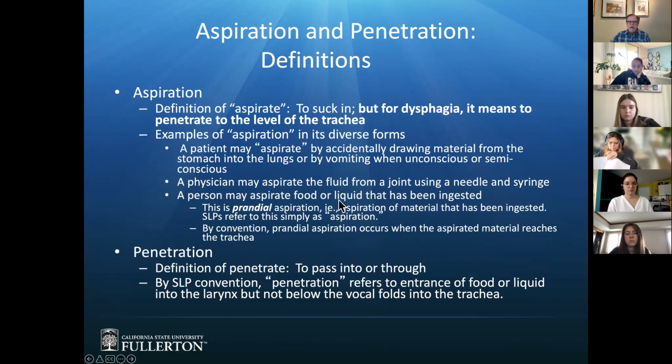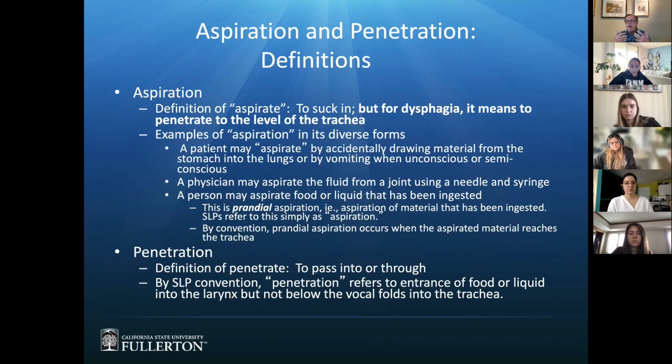And actually, just so you know, the term we're talking about as SLPs dealing with swallowing issues is known as prandial aspiration. What other kinds of aspiration into the airway are there? If a person is unconscious and vomits, they're going to aspirate their vomitus.